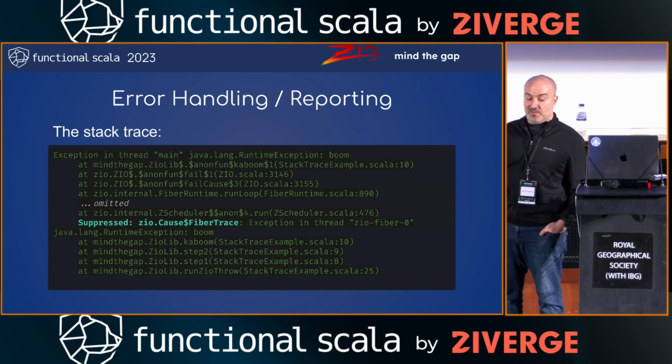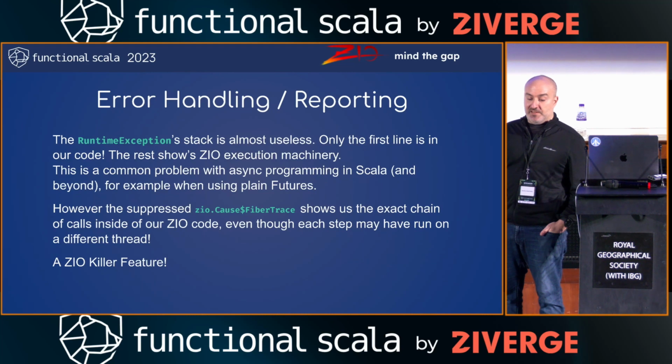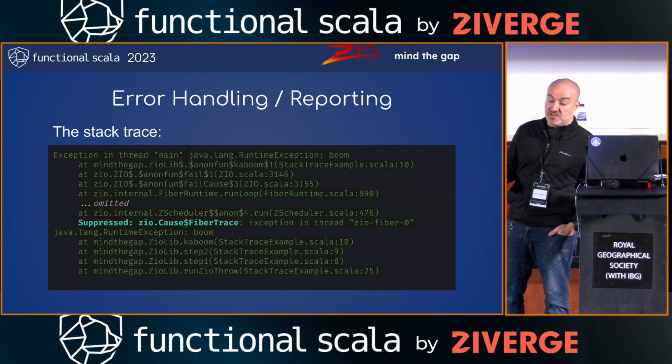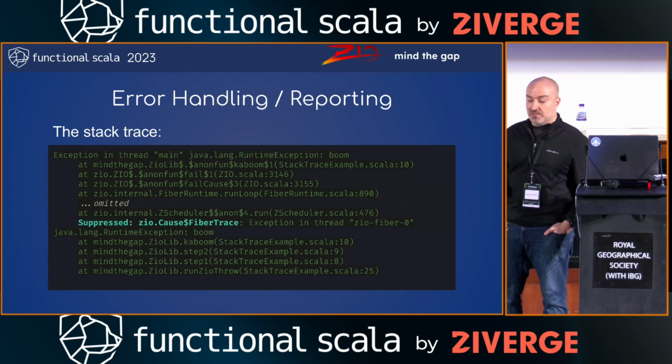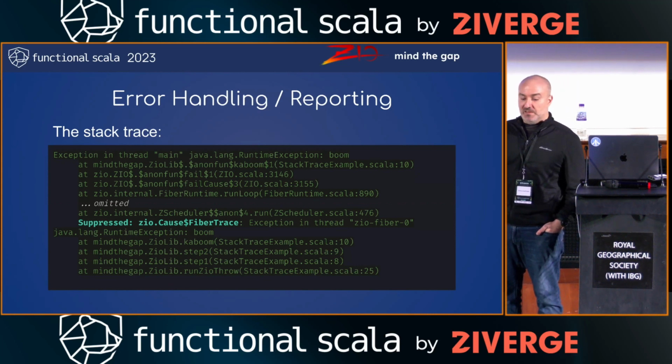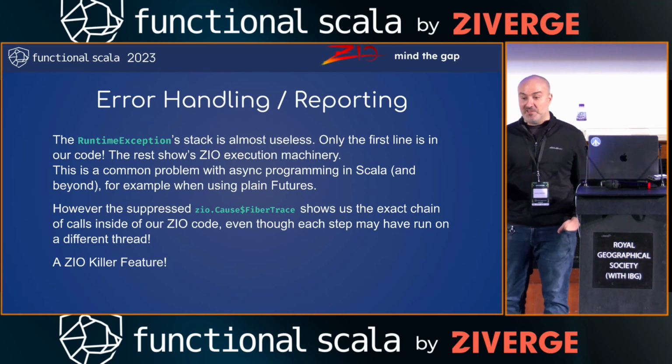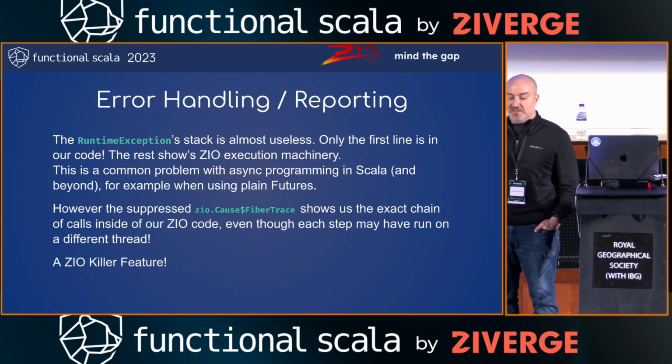So this is actually very helpful. This issue with the first exception is a common problem in async systems in the Java or Scala world, at least until Loom, and ZIO solves it with this fiber trace. It's very helpful, and I consider it a ZIO killer feature.